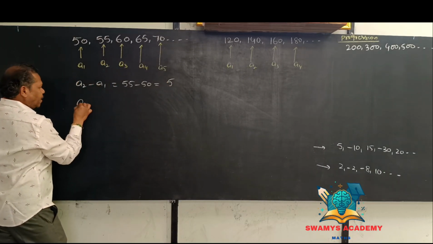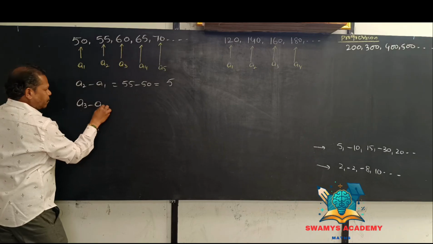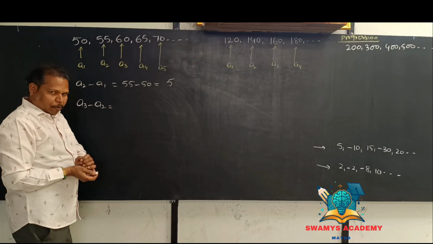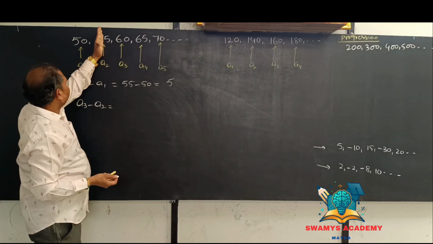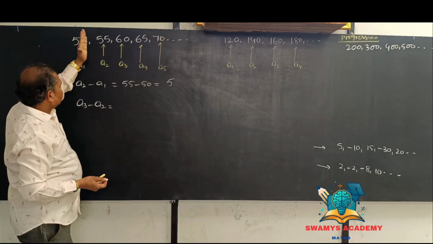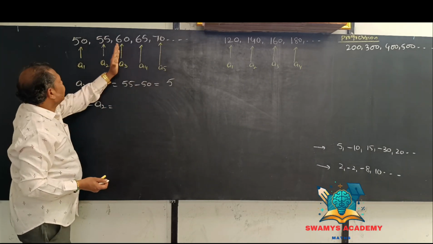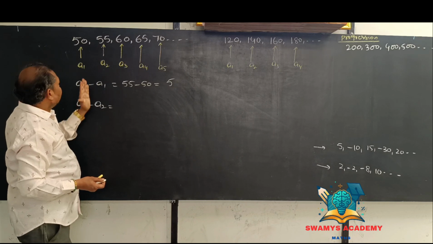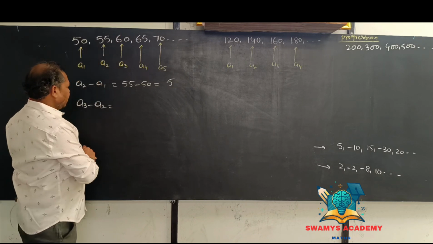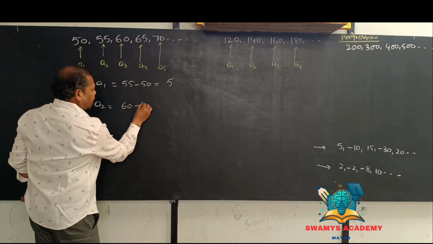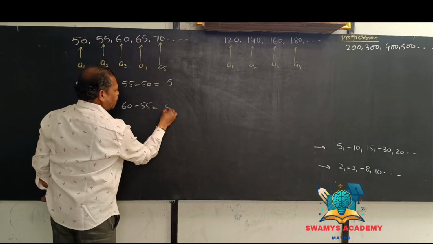Next, in the same way, A3 minus A2, that is 60 minus 55, and the answer is 5.